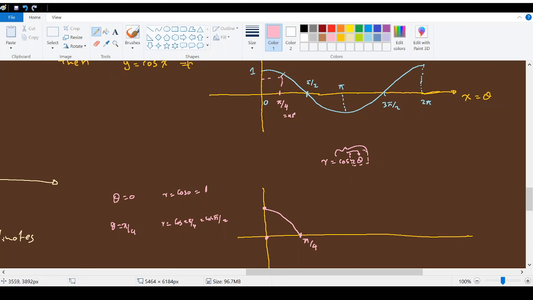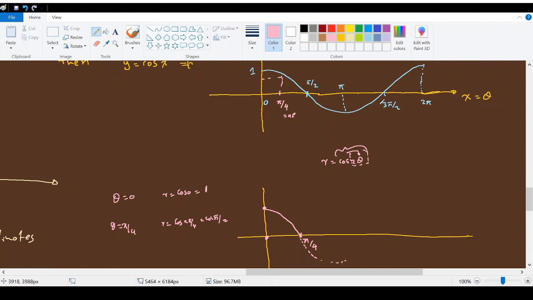And then definitely it will follow this same pattern. That means after this point it cannot go upwards like this; it should definitely follow the same oscillating pattern like this. But see, the difference is that for cosine theta the graph reached 0 at pi over 2, but for cosine 2 theta the graph reached 0 at pi over 4.